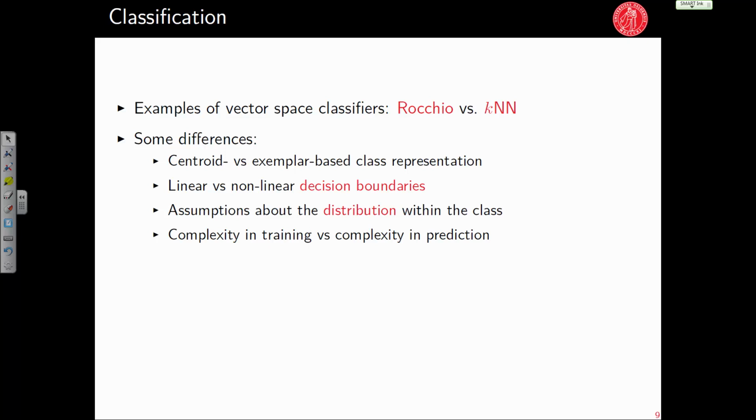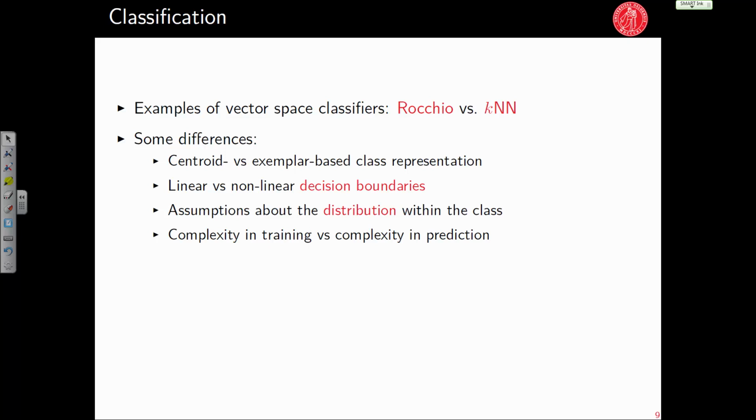In K nearest neighbors, we have what we call an exemplar-based classifier, where each and every member in a class is a representative of this class. And this meant that in KNN there is actually no learning happening, all we're doing is memorizing the different instances. Whereas in Rocchio we computed different centroids of the classes.